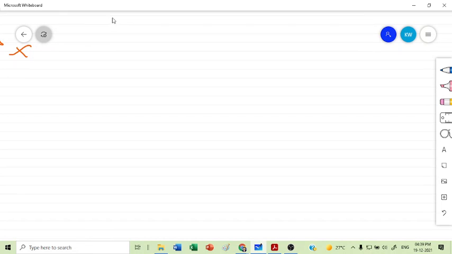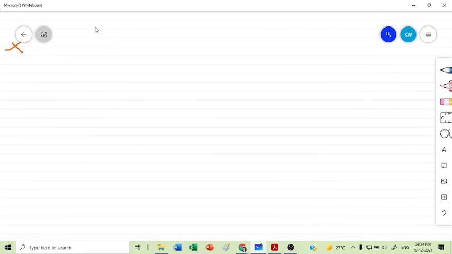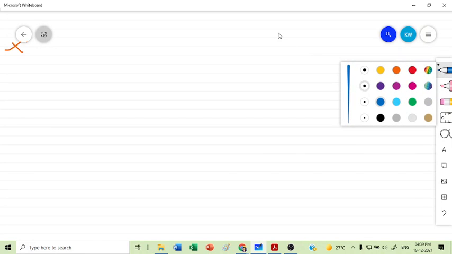And the third radiation pattern is omnidirectional, or the third antenna is your omnidirectional antenna. Third category of antenna is the omnidirectional antenna.